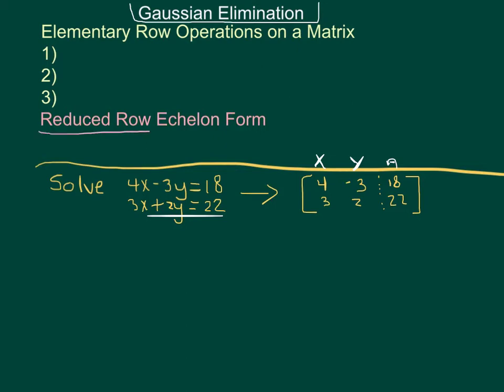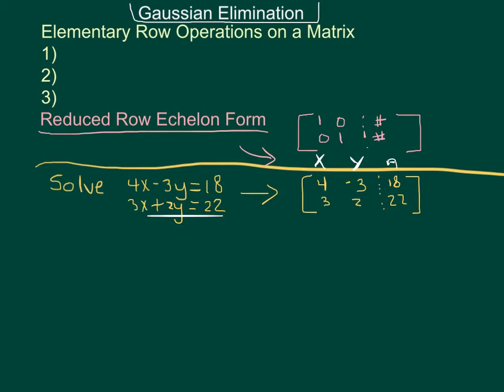Now our goal is to turn this matrix here into what's called row reduced echelon form. That is just a fancy term for this matrix that I'm about to write down, the one that looks like this: 1, 0, 0, 1, and then whatever your answers end up being.